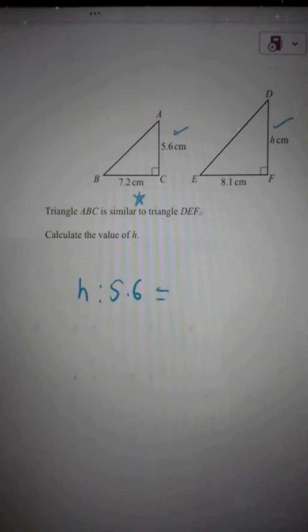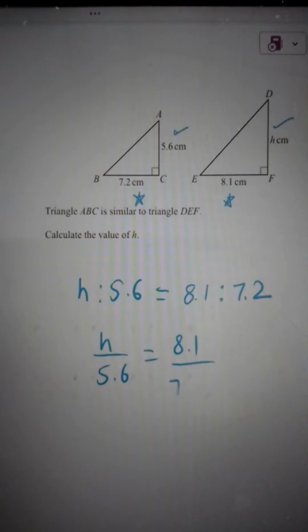This side corresponds with this. As I wrote the side H first, I will write 8.1 first and then 7.2. So we can write H by 5.6 equal to 8.1 divided by 7.2.